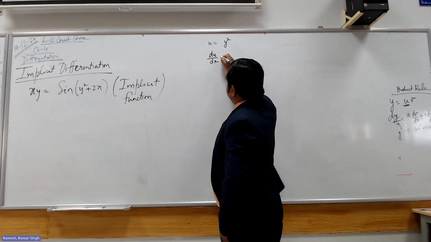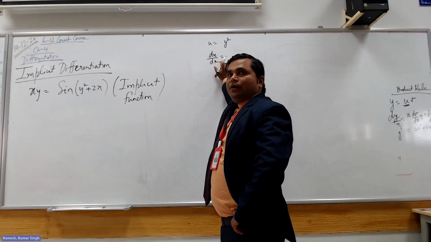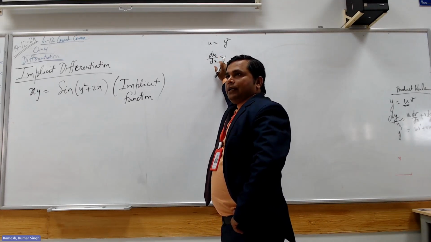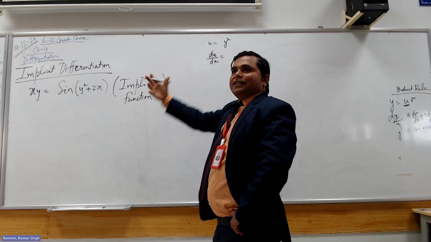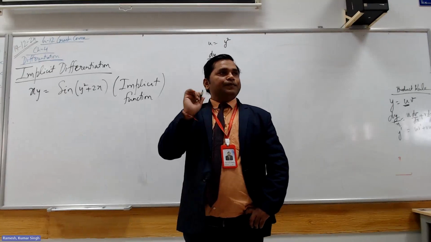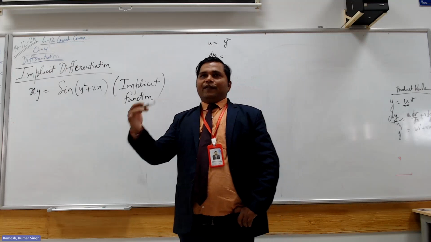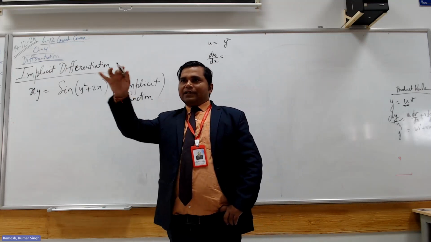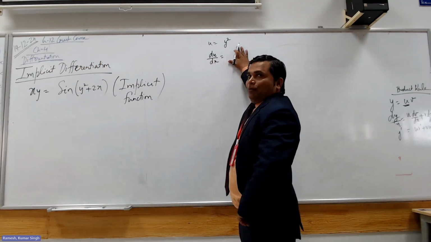I want your attention here. To differentiate u in terms of x, but u is not a function of x. We can't differentiate, we cannot say d by dy, because we are differentiating in terms of x, but u is a function of y. So what are we going to do to deal with this problem?